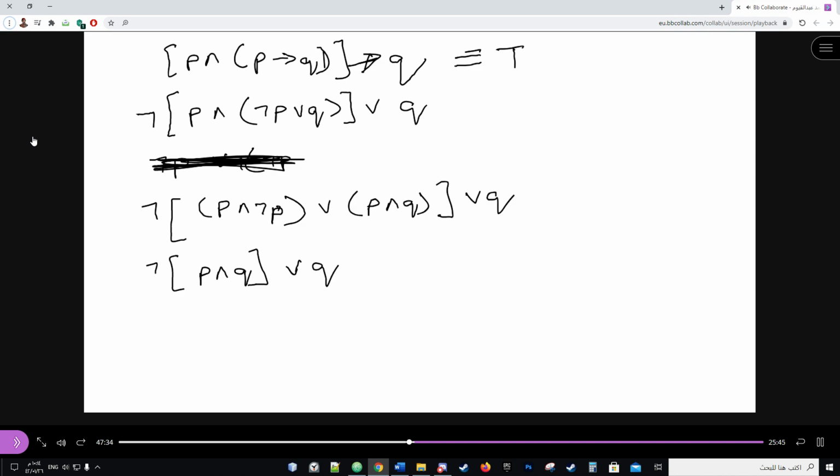Okay, I skipped a few steps. You try not to skip steps. So this evaluates to false, and false or something is something. So we get this, and then continuing, we can expand this using De Morgan's law.